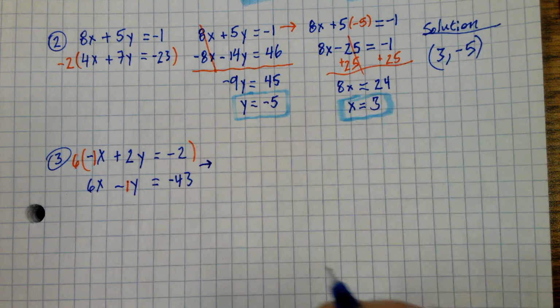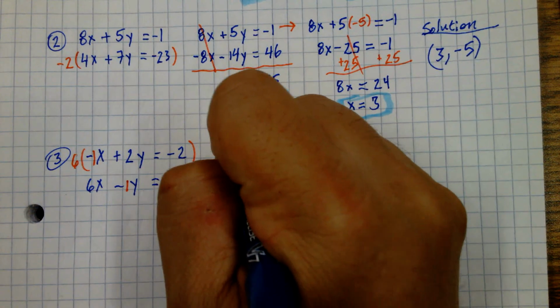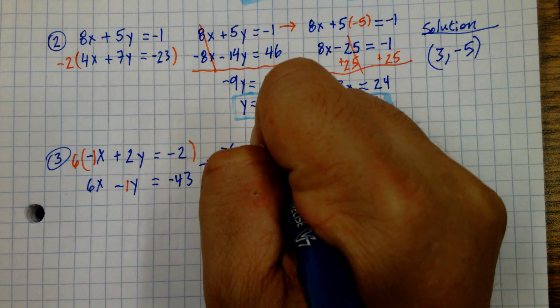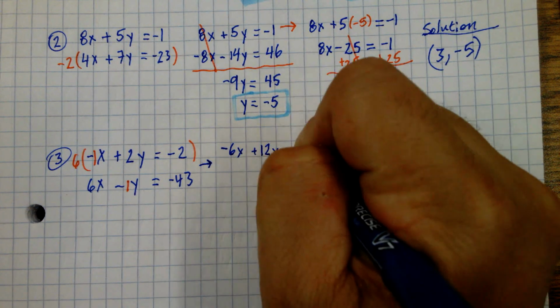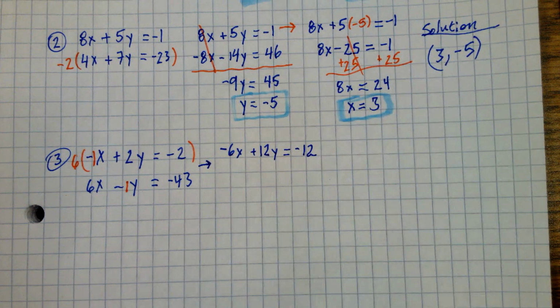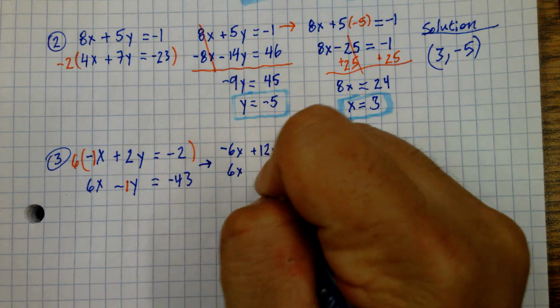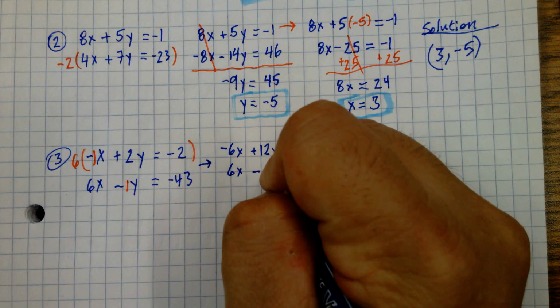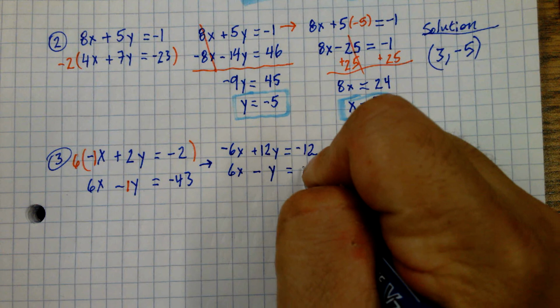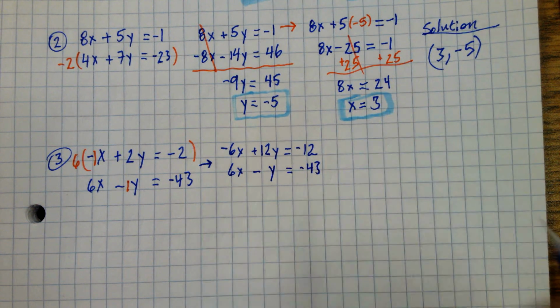And we're going to get negative 6x plus 12y equals negative 12. That wasn't too bad. And then we have 6x minus y, or 1y, equals negative 43.